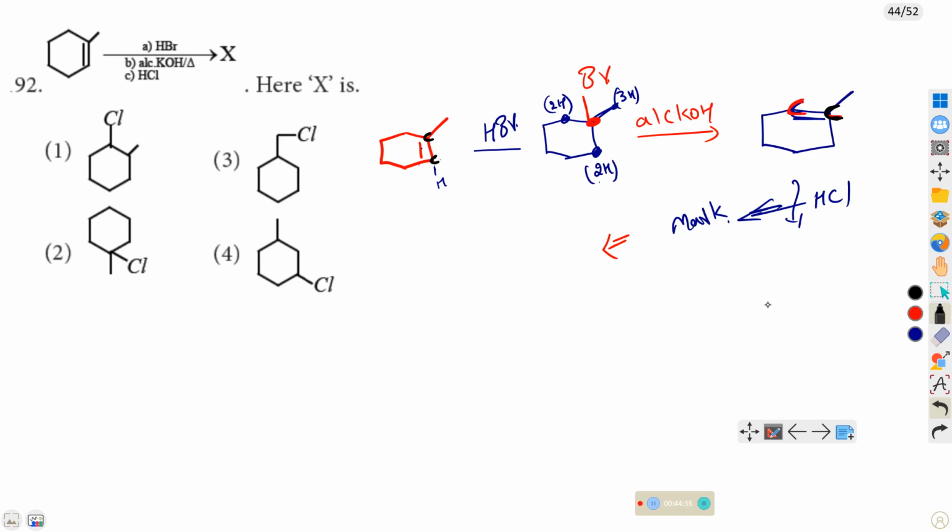First of all, you can add hydrogen atom, here 0 hydrogen atoms, then this is the product: 1-chloro-1-methylcyclohexane.